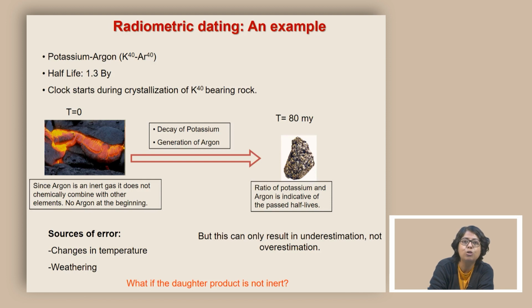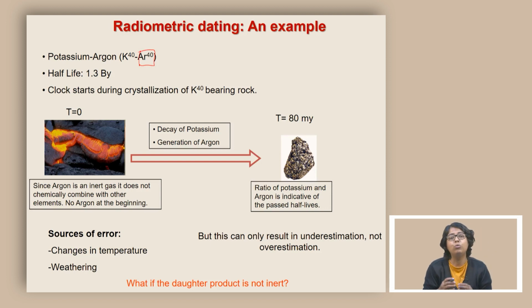It decays to argon 40. Because argon is an inert gas, it does not react or bind with anything else. Therefore, when we think about that equation, the initial concentration of the daughter element, which is Ar40, should have been 0.